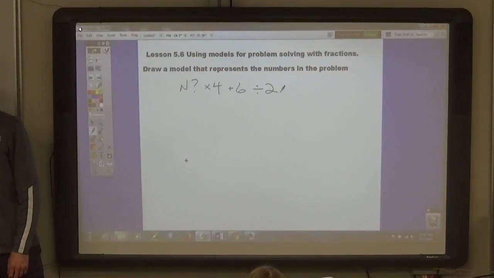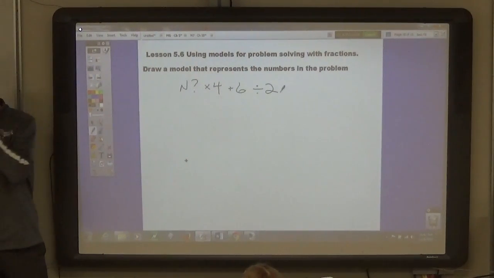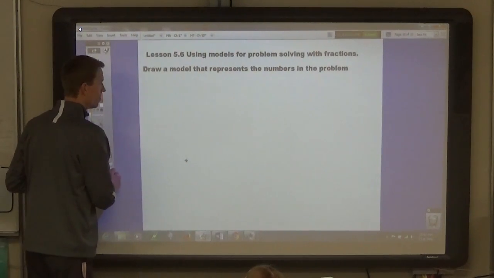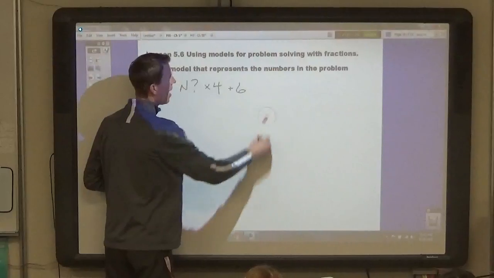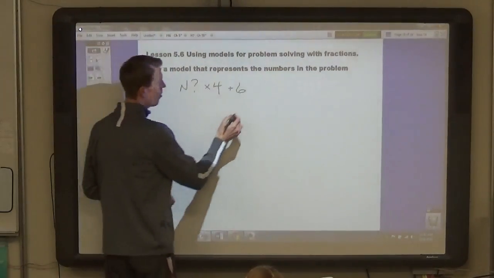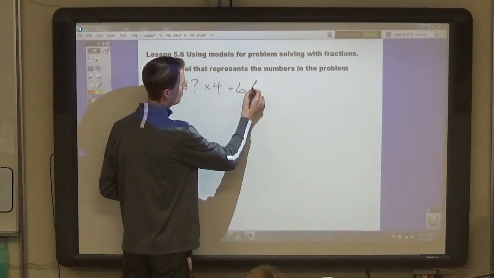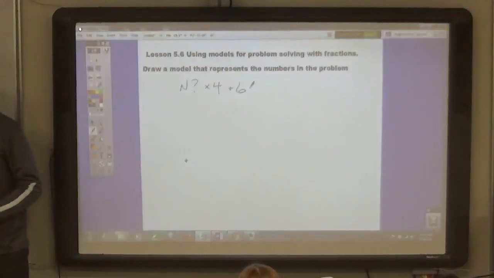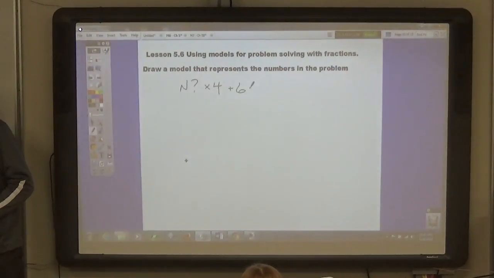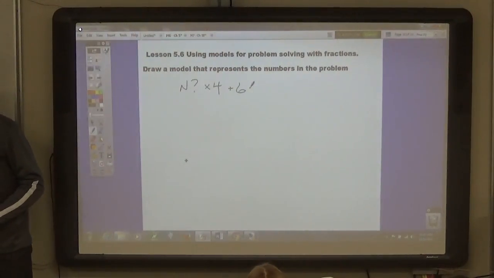After he subtracted 4 from the quotient. Wait, no, I gotta read this again. And divided the sum by 2. Okay.